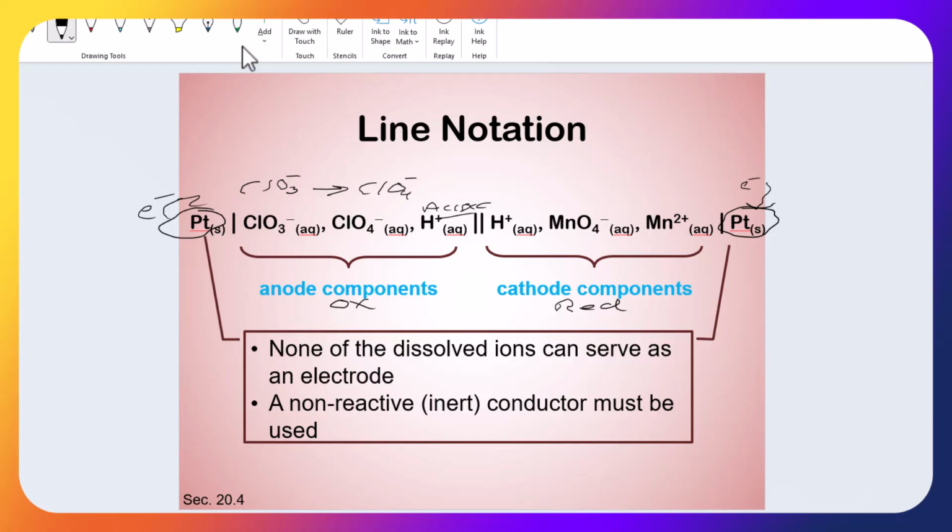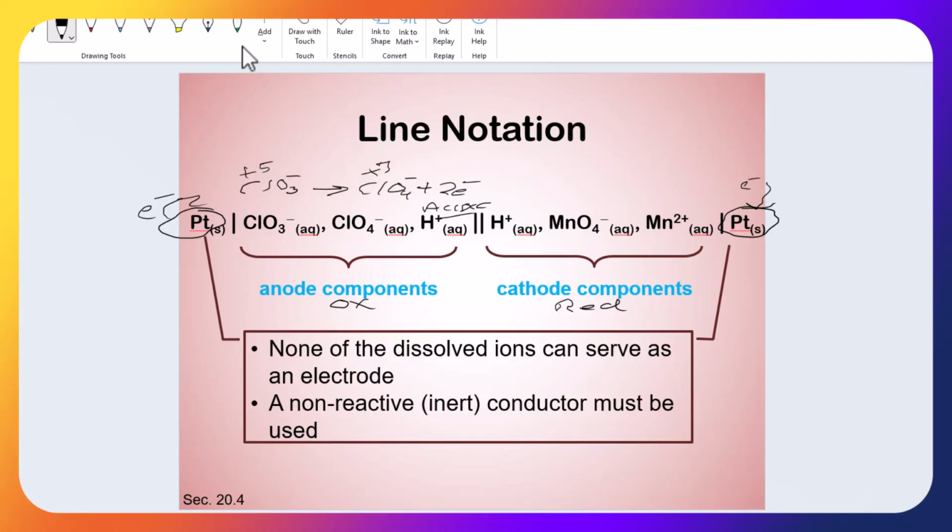If you have looked at the videos on balancing redox reactions, you will get that. And there would be 2 electrons here because this is a plus 5 and this is a plus 7 oxidation state. So 2 electrons are being lost from the chlorate to become perchlorate.